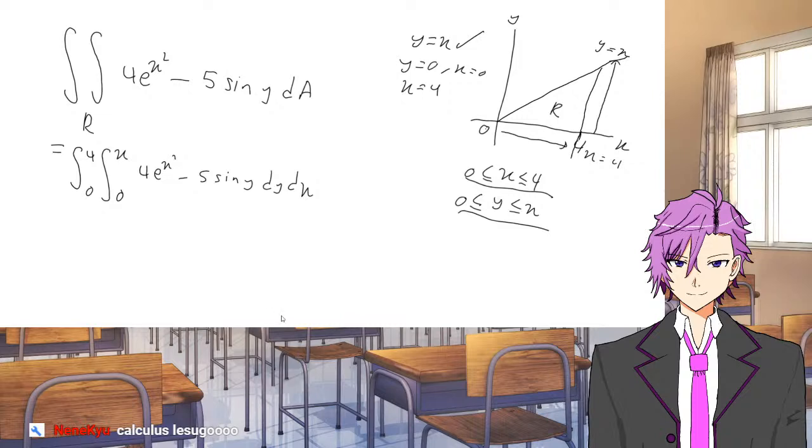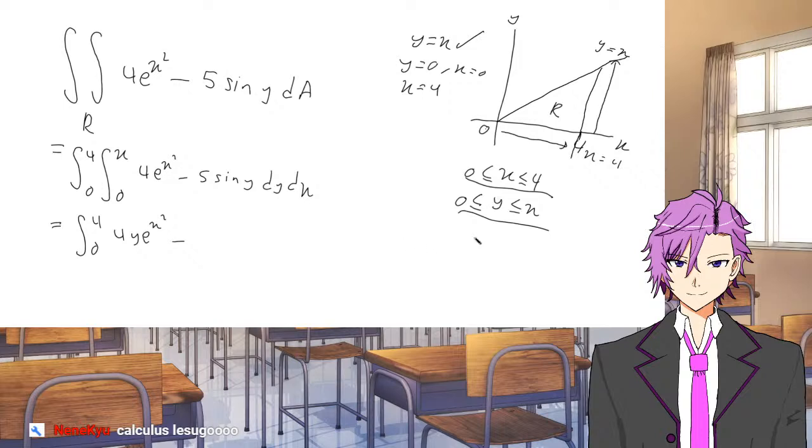So from here we can integrate as per normal. For example, from 0 to 4, 4y e to the power of x squared minus, since this is sine y, I can't remember the integration of sine.